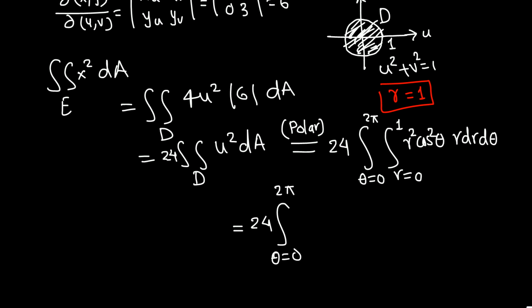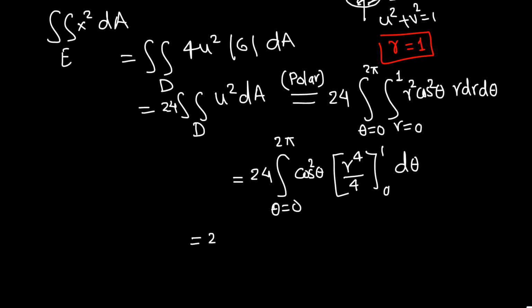Cosine squared theta is constant with respect to r, so we can take it outside. The antiderivative of r cubed is r to the 4 over 4, and we are going from 0 to 1, d theta. This is 24, and in fact this 4 can be pulled all the way outside, leaving 6, with theta from 0 to 2 pi.